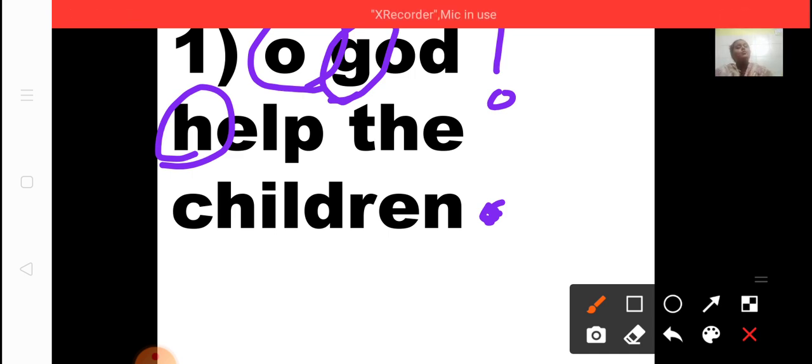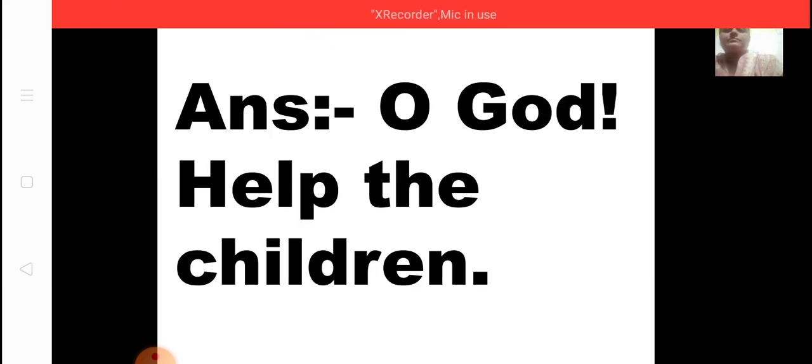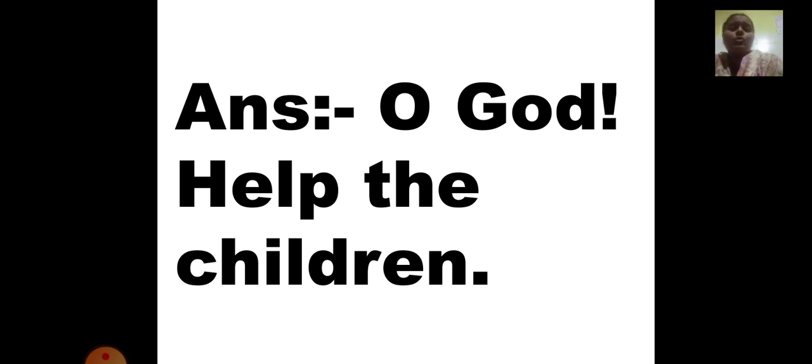So, oh God, exclamation mark. See how many punctuations are there in just one sentence. Did you get it? Now look at the answer. See, oh God, exclamation mark, help the children. Have you understood? Now we'll go to the second one.